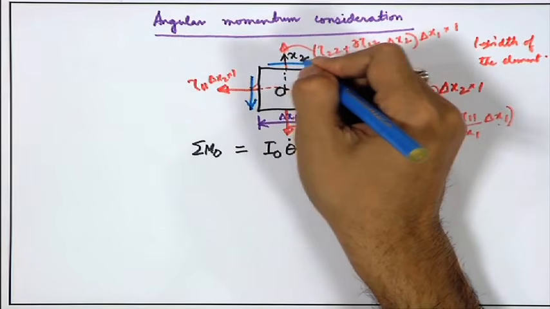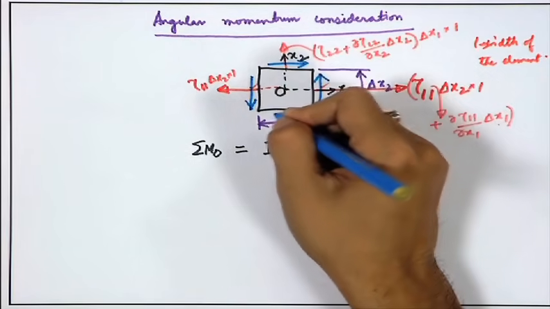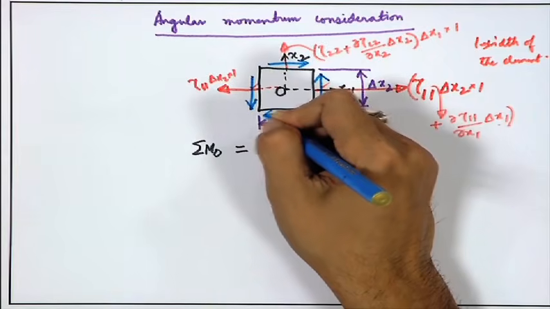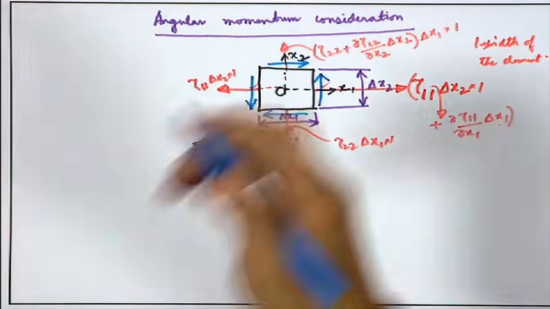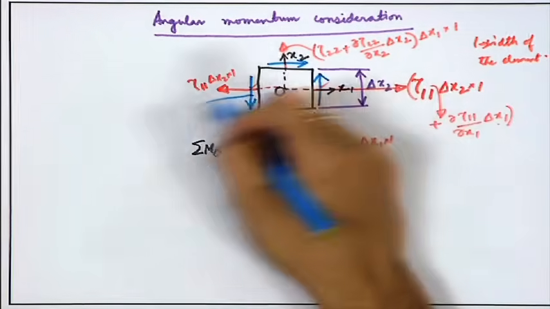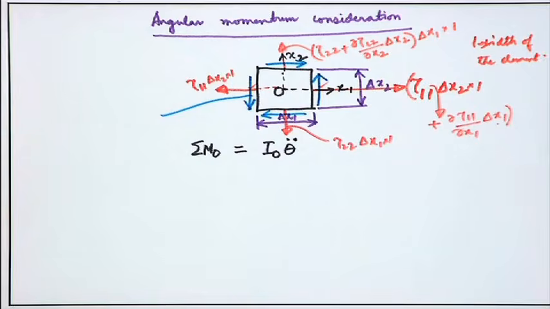So, I am showing the forces in the proper direction as per the sign convention we discussed earlier, and then I am writing the description of the forces. So, this force, what is this?